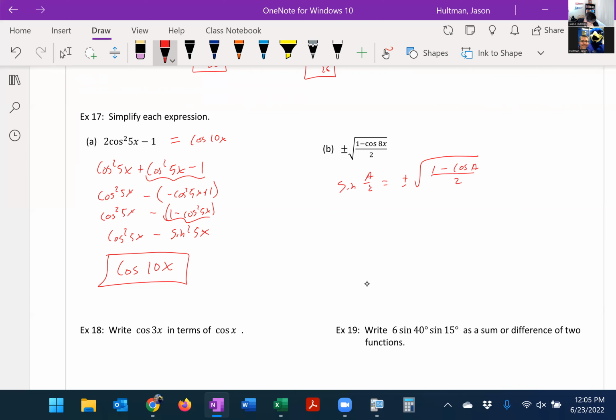So this is really just going to be the sine of a, which we're calling 8x over 2. So this is just the sine of 4x. It should be 8x there. So this is the sine of 4x.